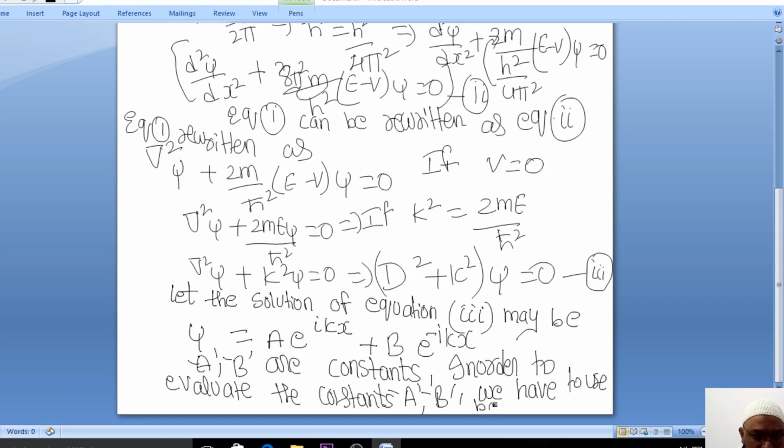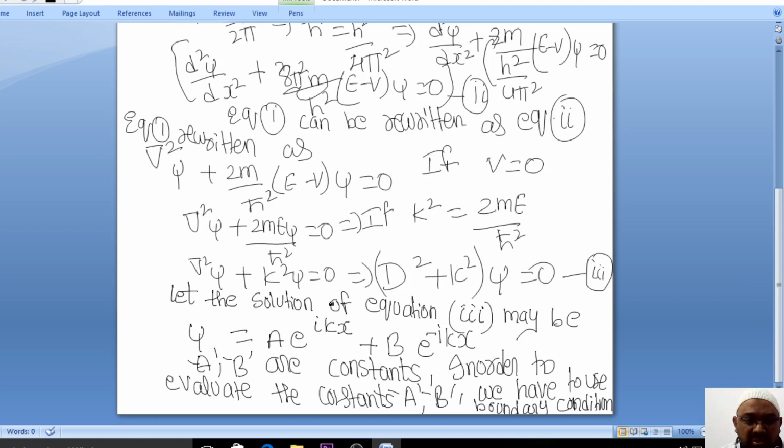Why are we doing all this? We want to calculate the energy of the particle and also the wave function of the particle. If the particle is present, definitely it will have some energy, and it is exhibited by some wave nature of the particle.